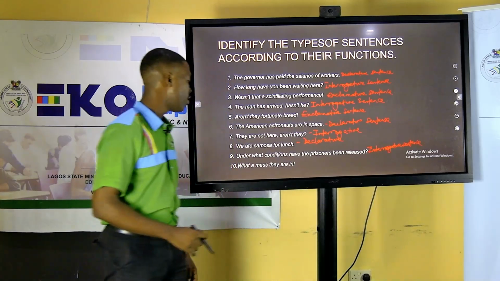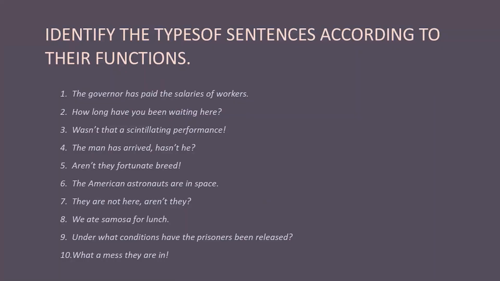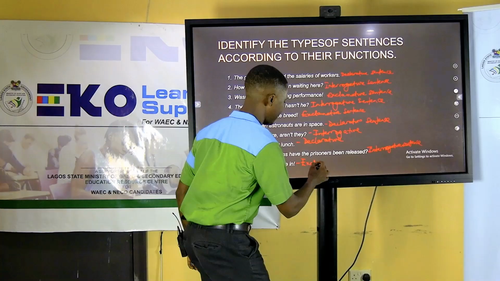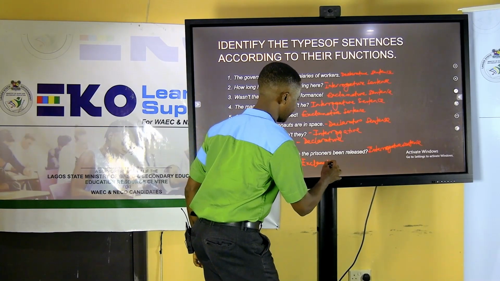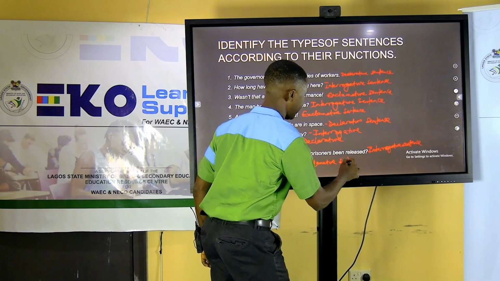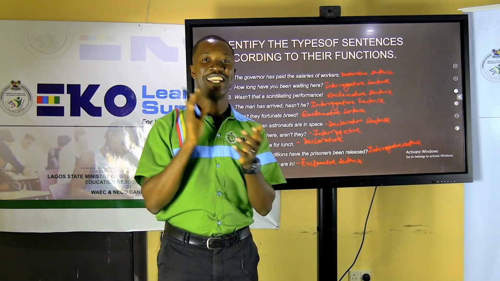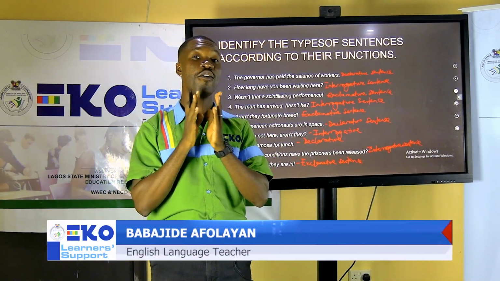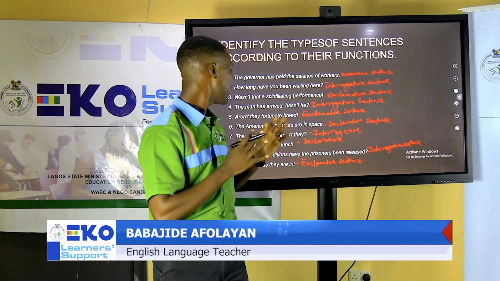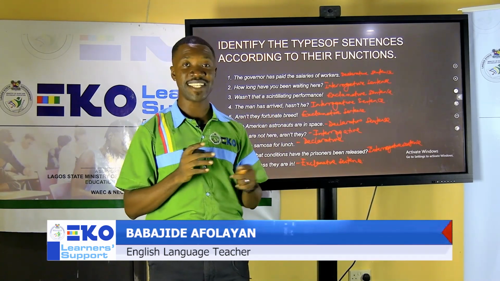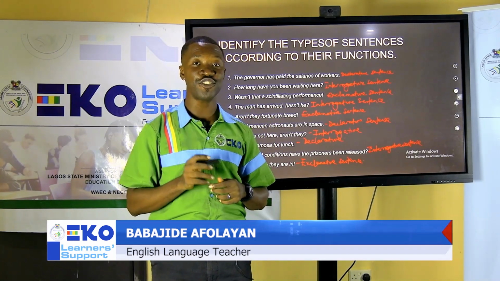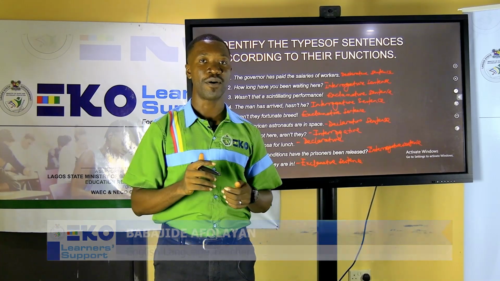And finally, what a mess they are in! This is what? Exclamative sentence. Beautiful. I believe today we can now identify the types of sentences according to the functions they perform.